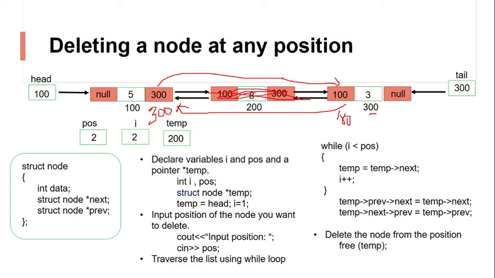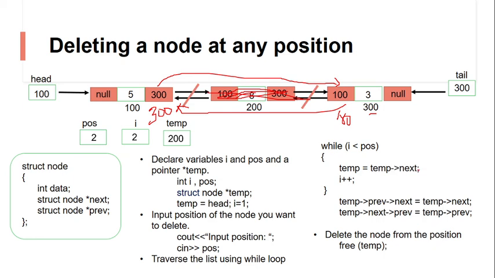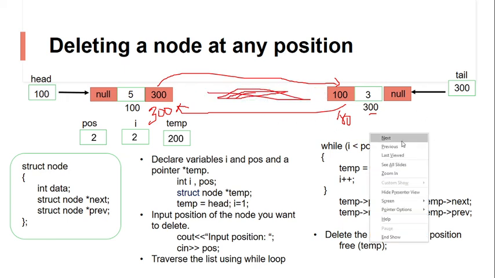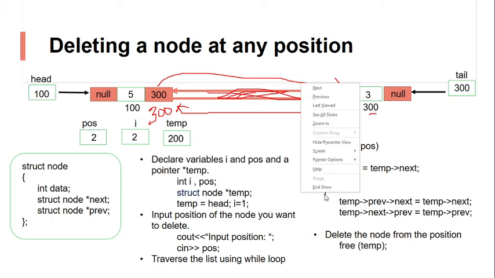So there will now be a double linked list between the 100 and 300 memory addresses. There, disconnected, or deleted, I should say. So that would be the new connectivity between the lists. That would be all for deleting in double linked lists. Once again, thank you very much.